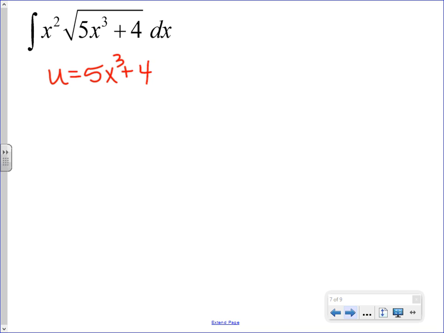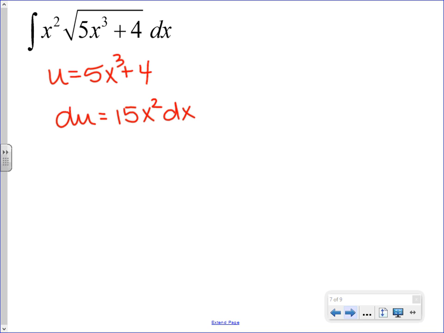Now, du would then be 15x squared dx. Do you agree? Well, this is home. We do not have 15. Do we have x squared dx?